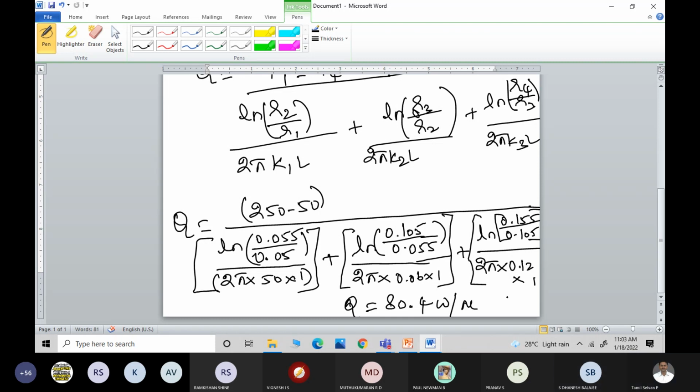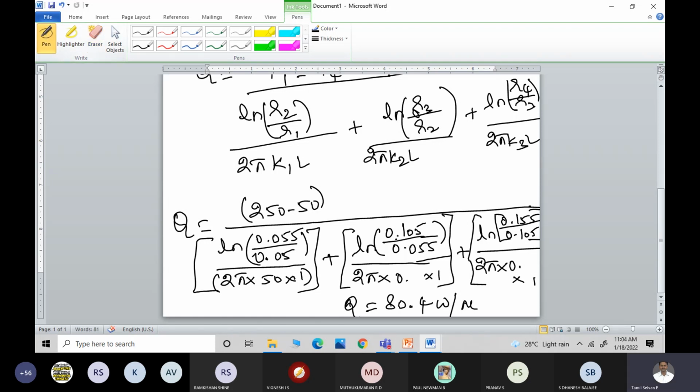Yes, sir. Solve the second case. The only thing is the K value here changes. In the second case, this becomes 0.12 and this becomes 0.06.